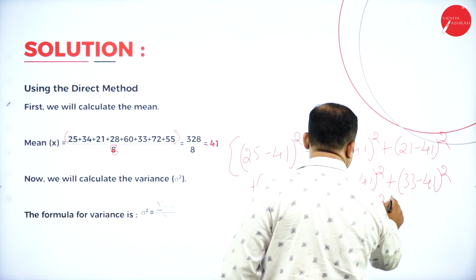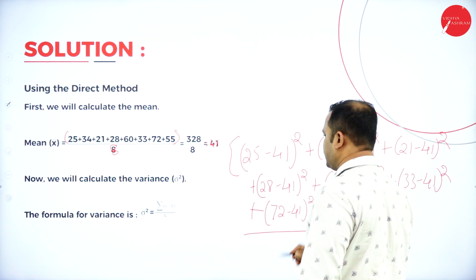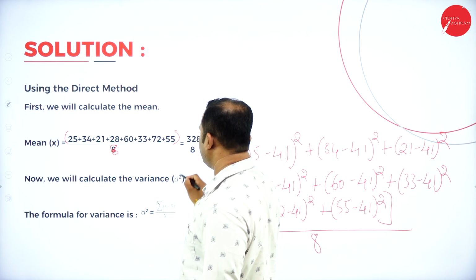The entire thing must be divided by n. What is the value of n? That is equal to 8.